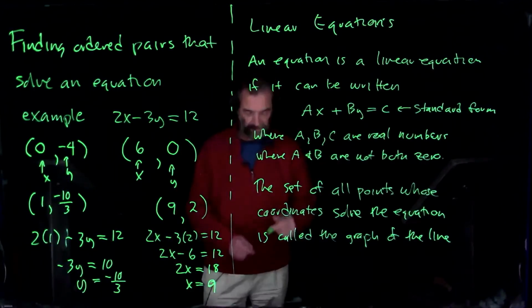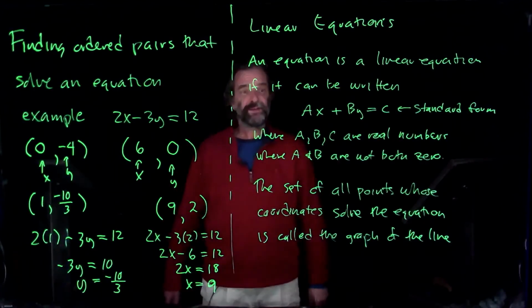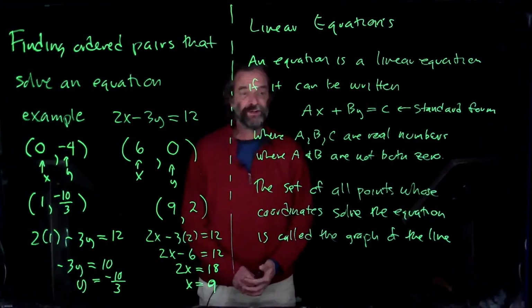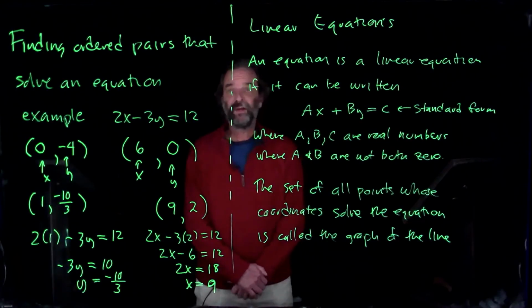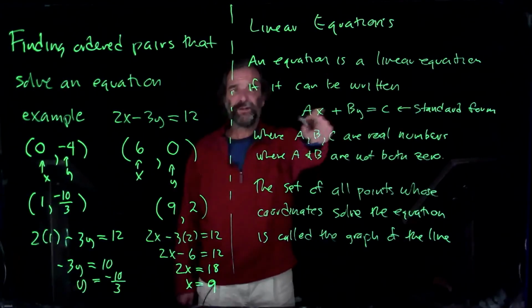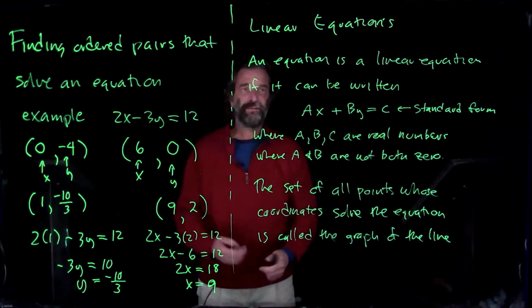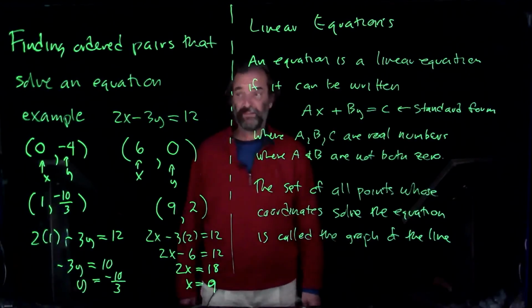So ordinarily, with any old equation, the set of all points whose coordinates solve the equation is called the graph of the equation. Since we know this particular kind of equation produces lines, then the graph is going to be the graph of a line.